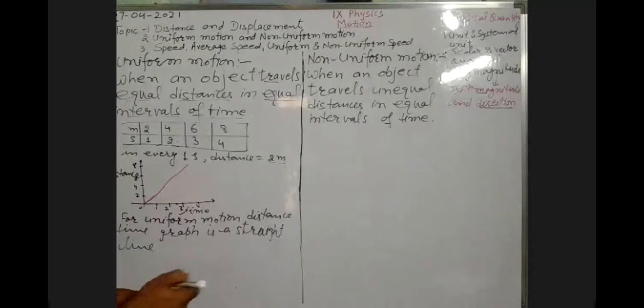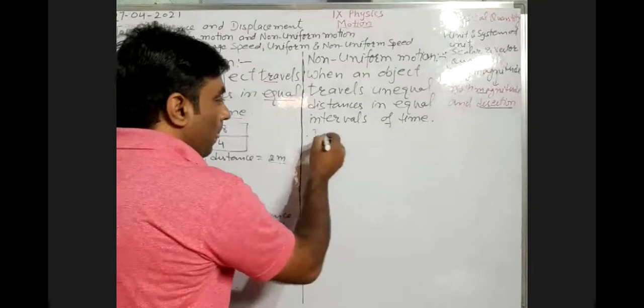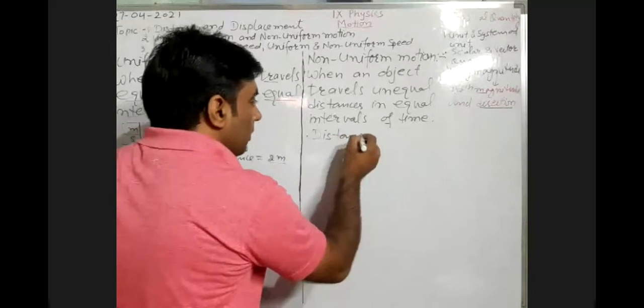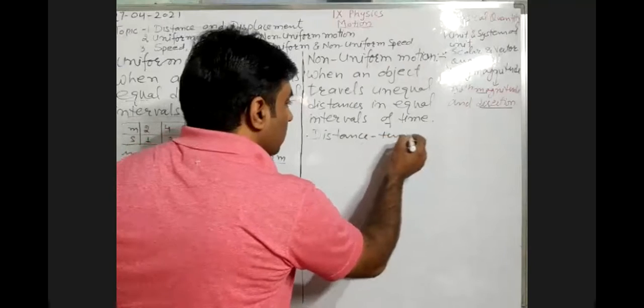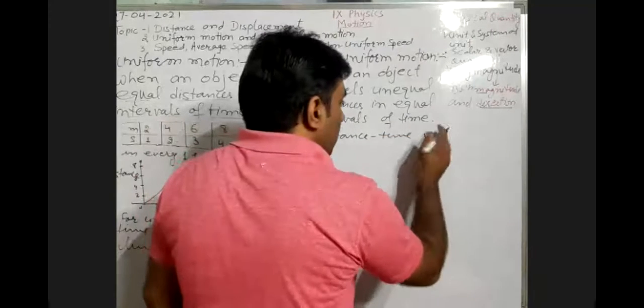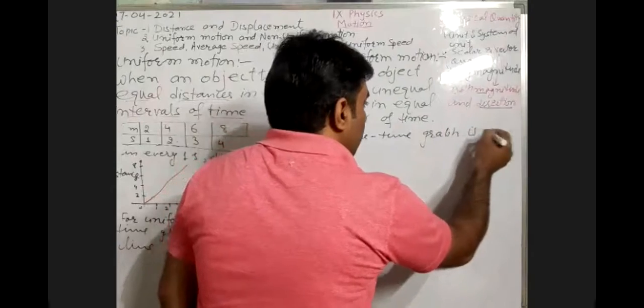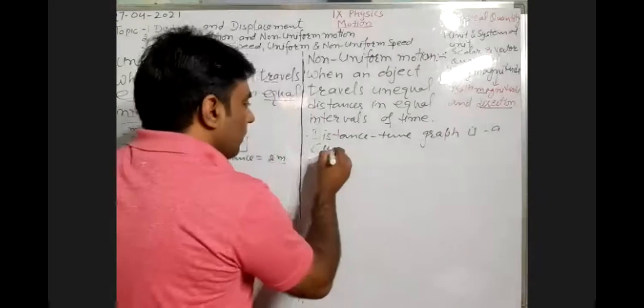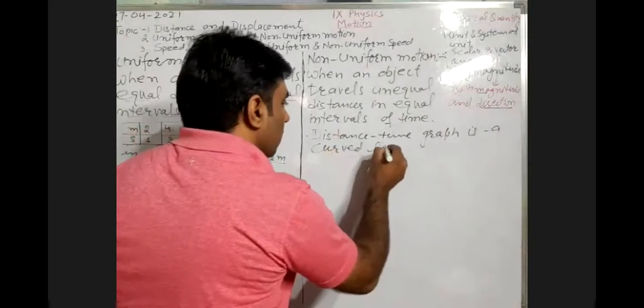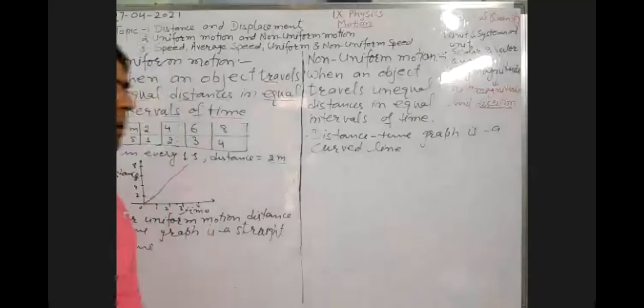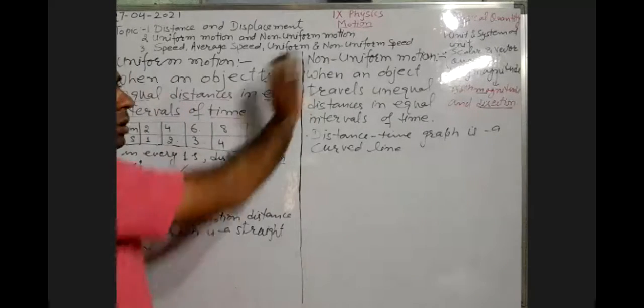So the distance time graph is a curved line for non-uniform motion.